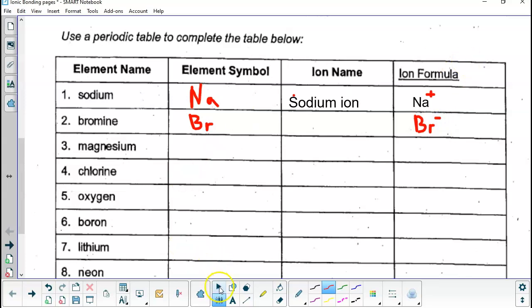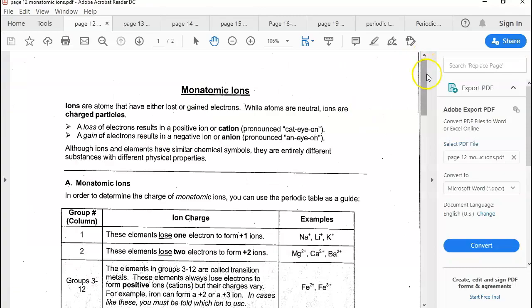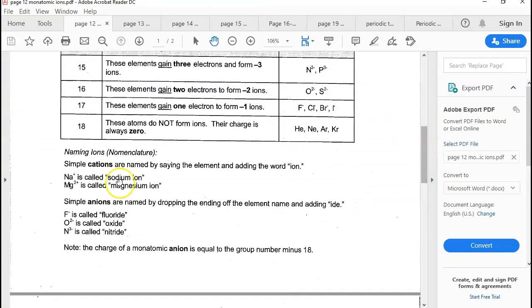All right? Now the ion name, if I go back to my rules here, it said that the anions, the negative ones, I need to drop off the ending and add IDE at the end.